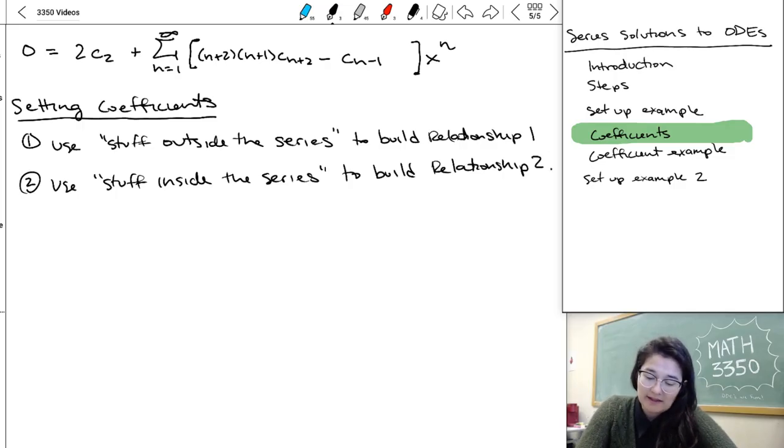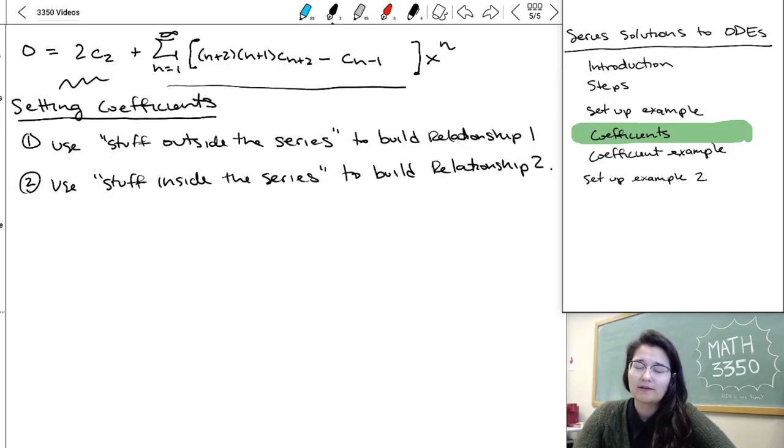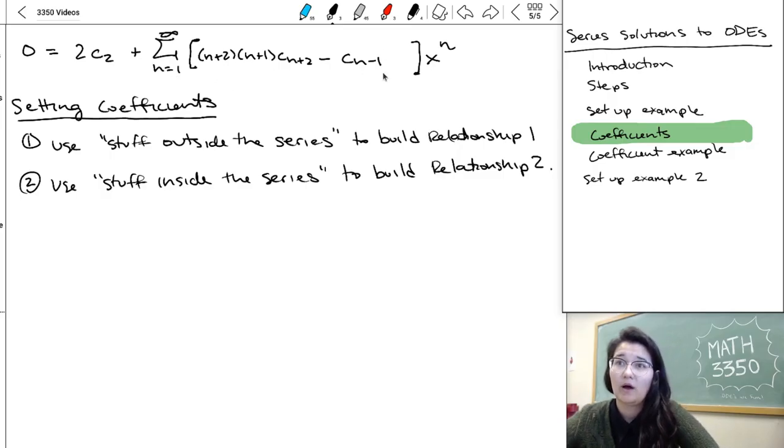So by stuff inside, I mean this, and by stuff outside, I mean this. Sorry, swap it. Stuff outside here, stuff inside here on that one. And everything I wrote down is equal to 0. So I'm basically just setting those two different groups of things equal to 0. I'll set what's outside equals 0, and I'll set what's inside equals 0.